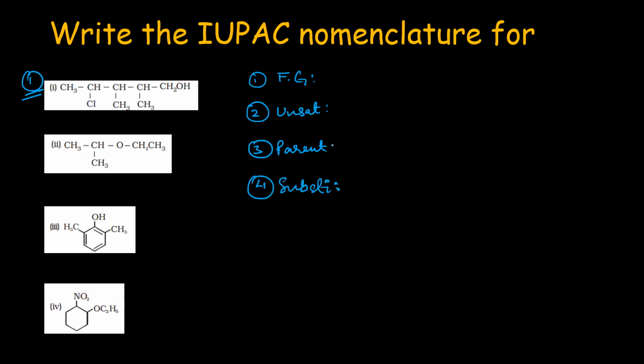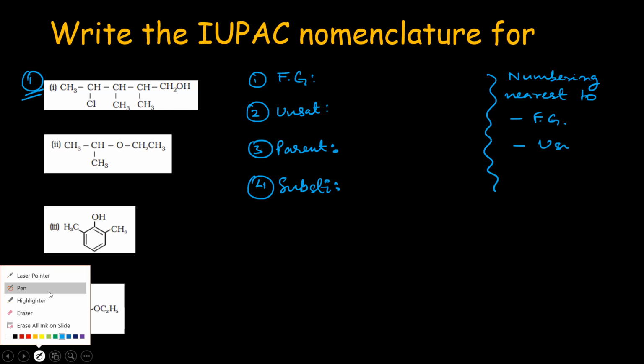Now I know that you all must have forgotten about the numbering. So please let me tell you, in the parent and numbering, we have the same hierarchy. Numbering is done from that carbon atom which is nearest to the functional group. If there is no functional group, then it should be nearest to the unsaturation. In unsaturation, you will first give priority to the double bond.